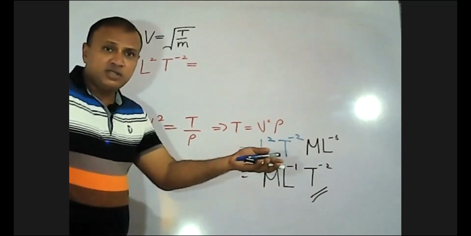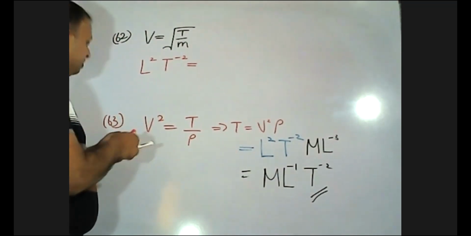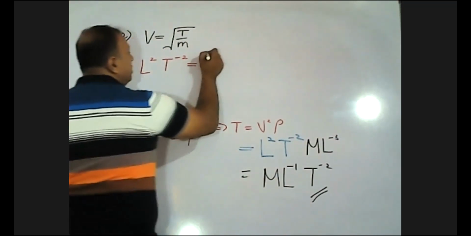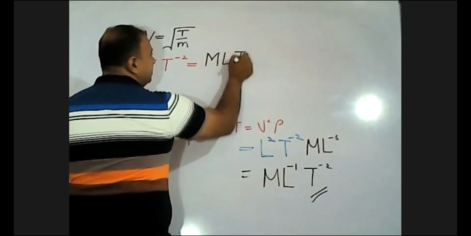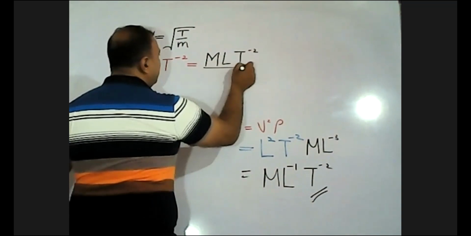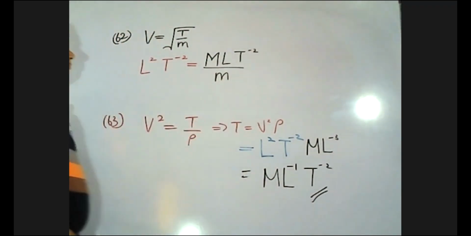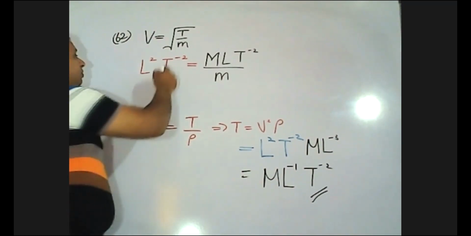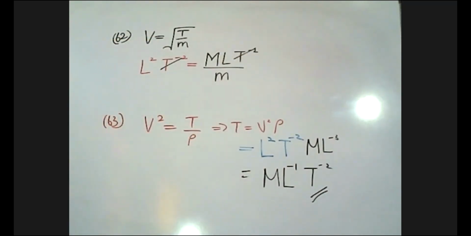Tension is a force, so the dimension of tension should be equal to the dimension of force. M L T minus 2 over M. T minus 2 will be cancelled out. Then M L minus 1.